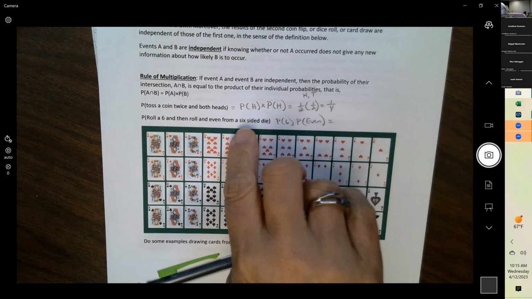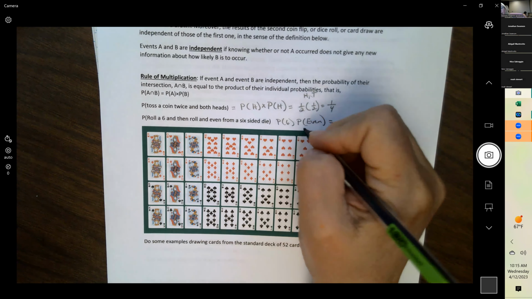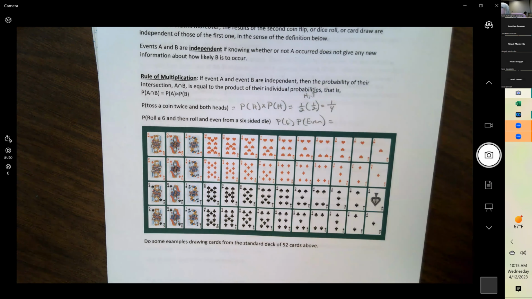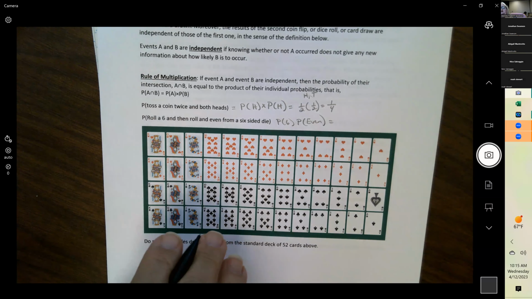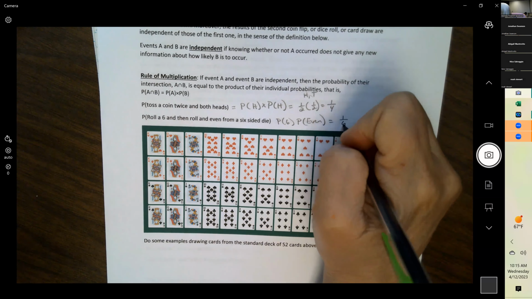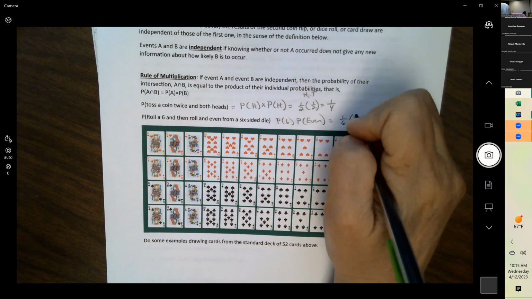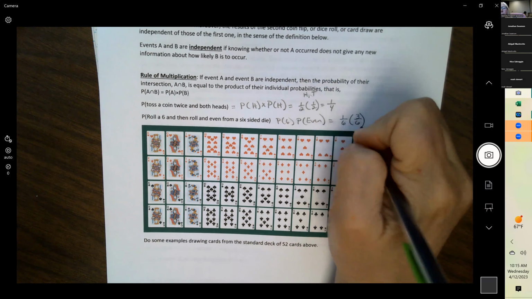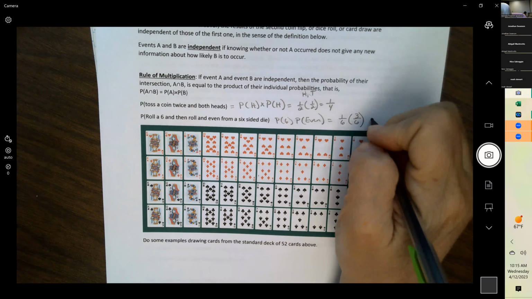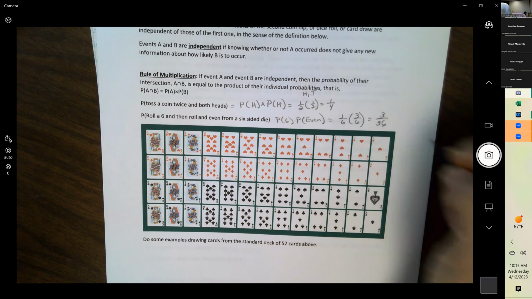And we've done these ones before last class. We just didn't put them together. We actually wrote out the sample space. So the probability of 6 is 1/6. Probability of an even is 3/6. Multiply across, 3 out of 36.